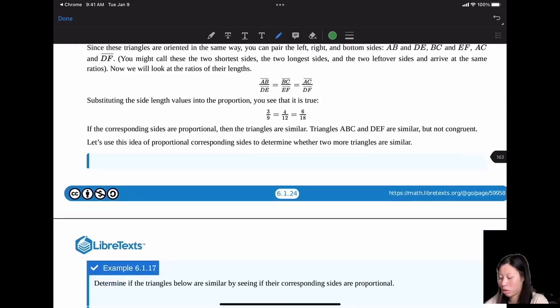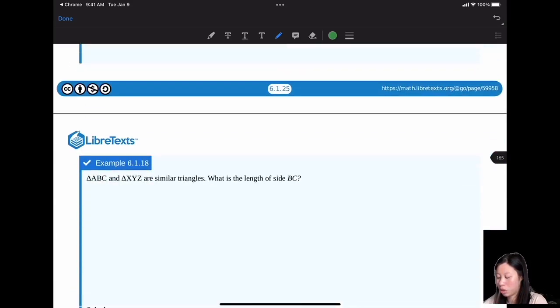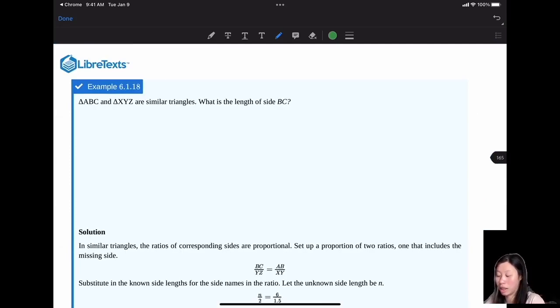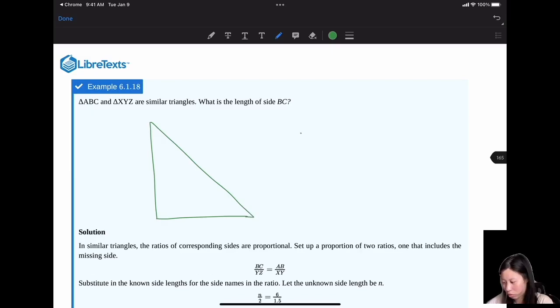Okay, so here's an example. We can use that to find the missing length of a measurement. Finding the missing measurement in a triangle if you know some of the measurements in a similar triangle. So here we have two triangles.